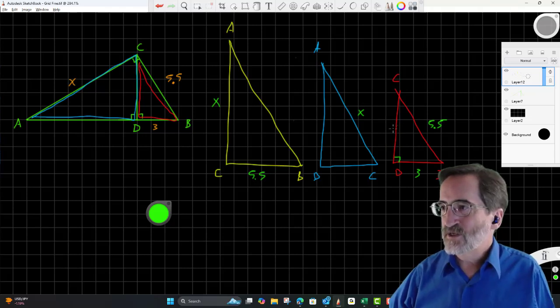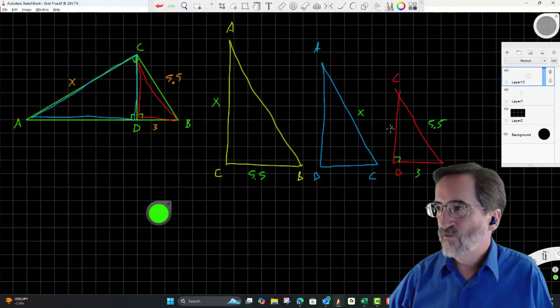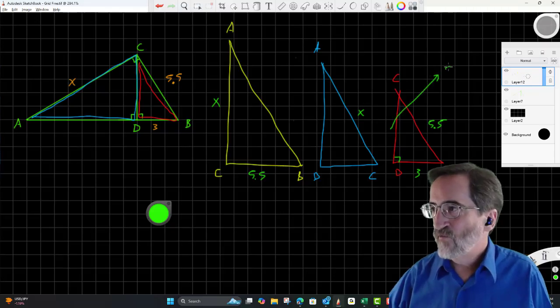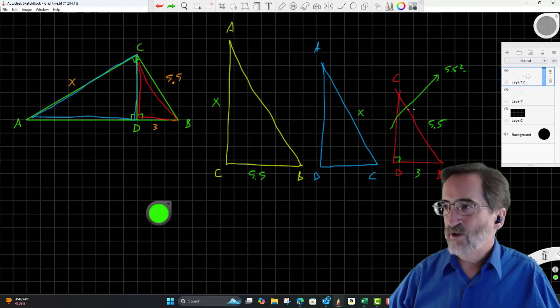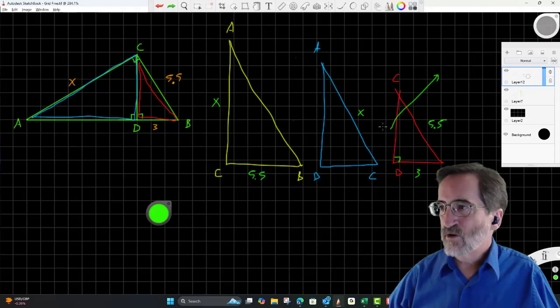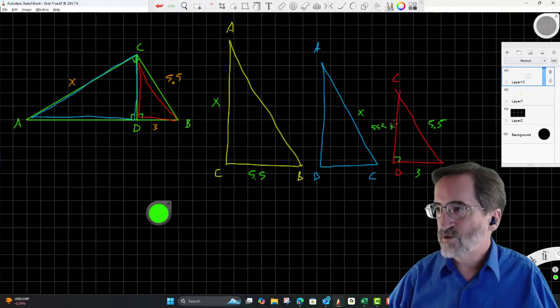Let's find CD here. CD is the square root of 5.5 squared minus 3 squared, using the Pythagorean theorem.